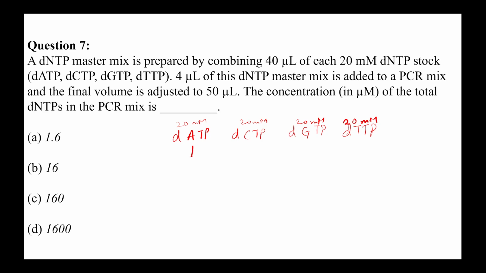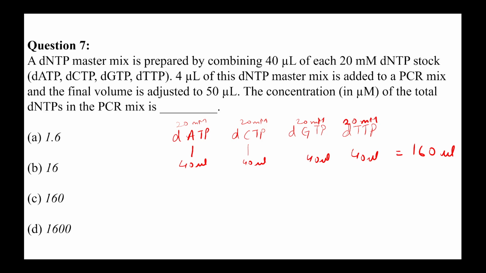So, if I am taking 40 microliter of each, that means 40 microliter of this, 40 microliter of this, 40 microliter of this, and 40 microliter of this. So, this gives me a total volume of 40 plus 40 plus 40 plus 40. That means the total volume is 160 microliter, right?